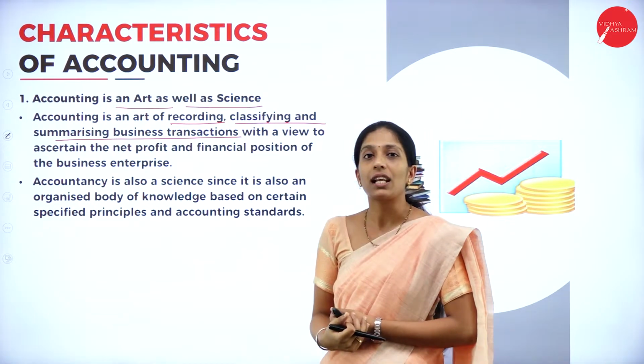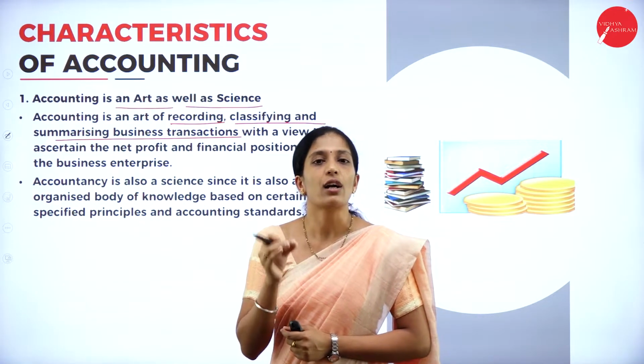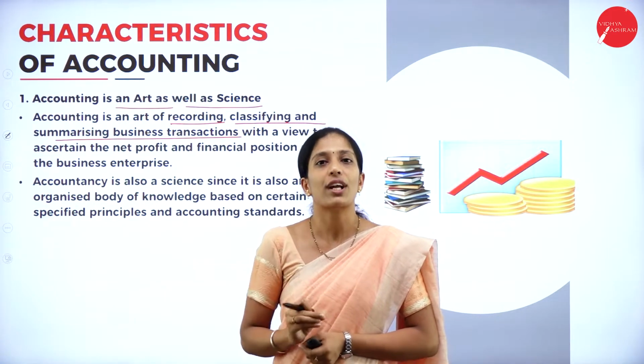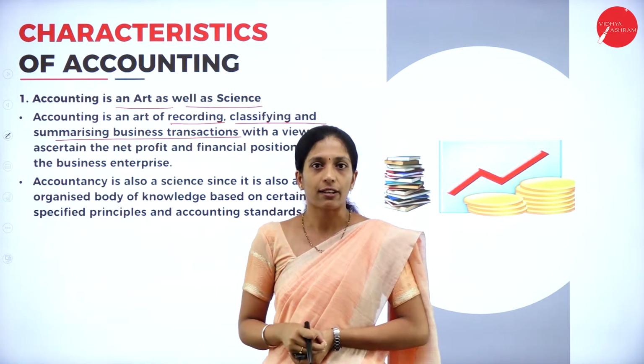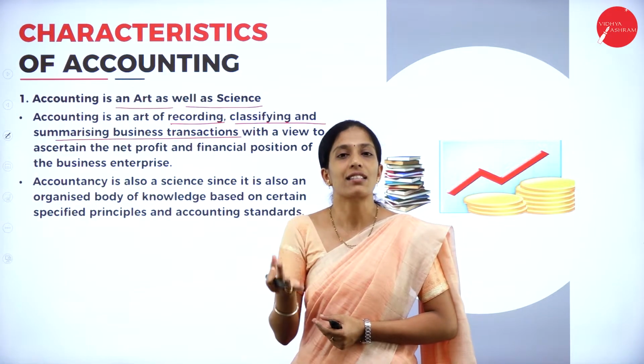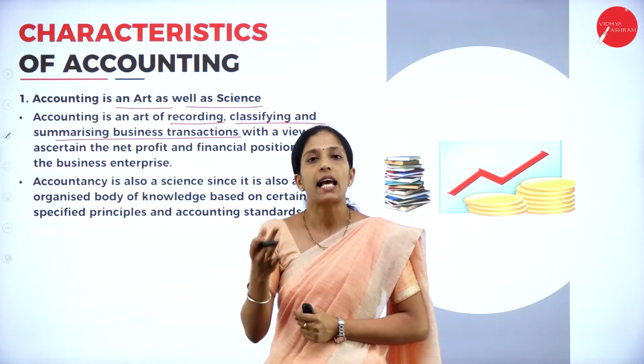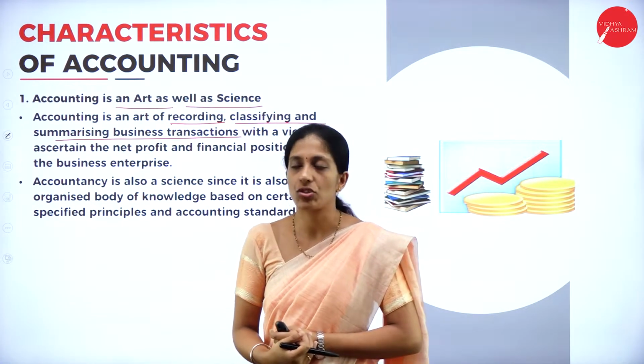So accounting is an art. Why is it called an art? Because it is the art of recording. We record each and every transaction in the books of account. After recording, we classify the transactions. Recording takes place in the journal and classification takes place in ledger accounts.